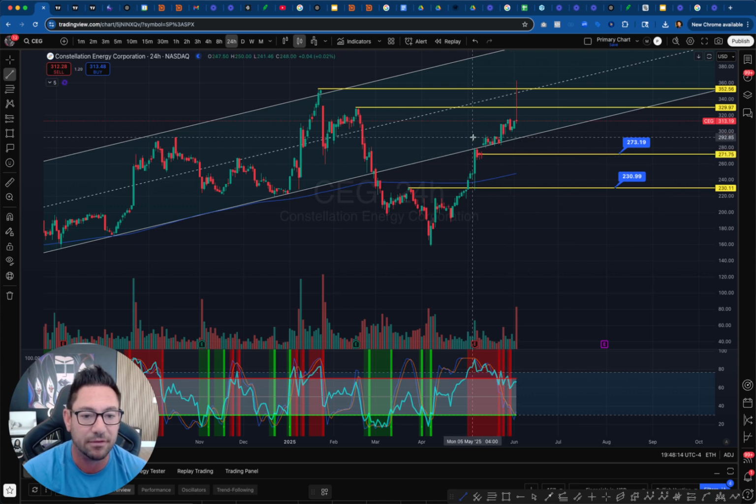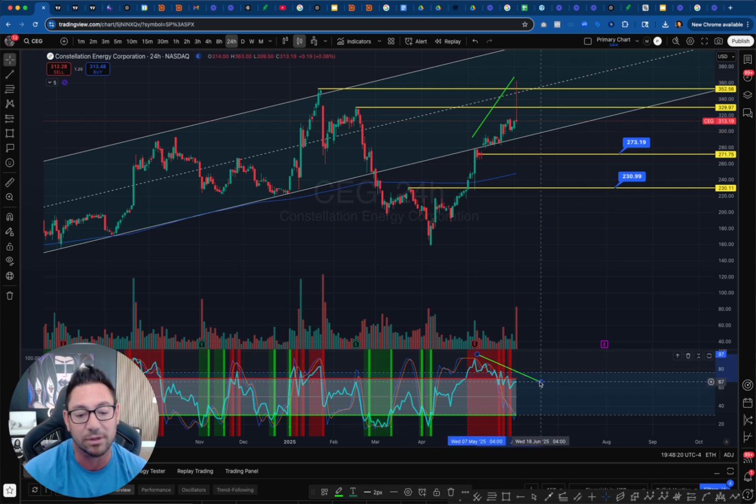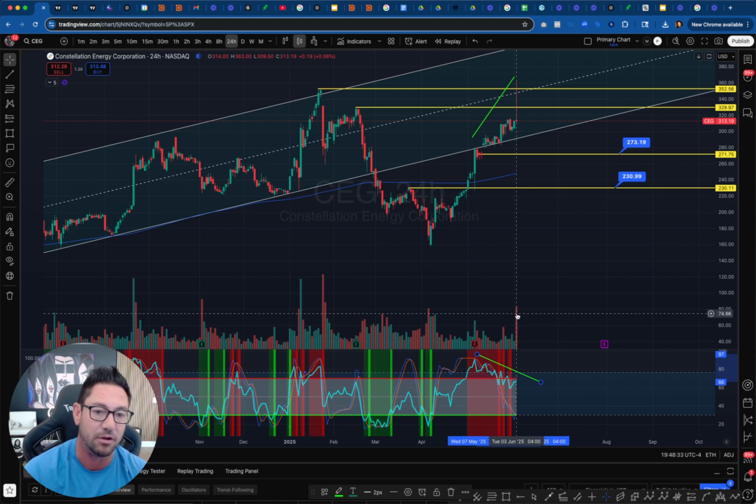You have higher highs on the price, and you have lower lows on the RSI, right? So what's that? That's bearish divergence, and it's rolling over here. So you have bearish divergence on the RSI, and you have massive sell volume, and you have this massive topping tail.